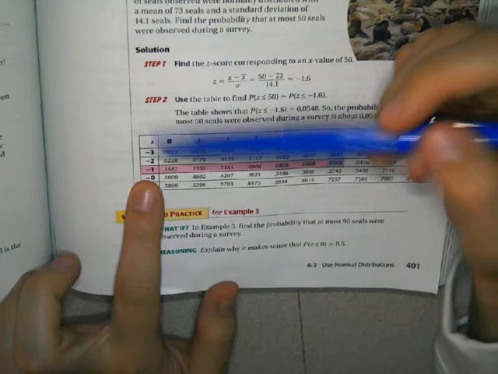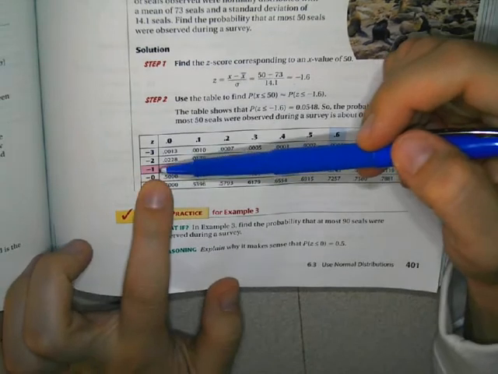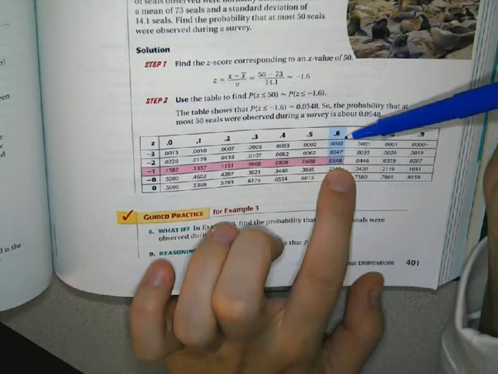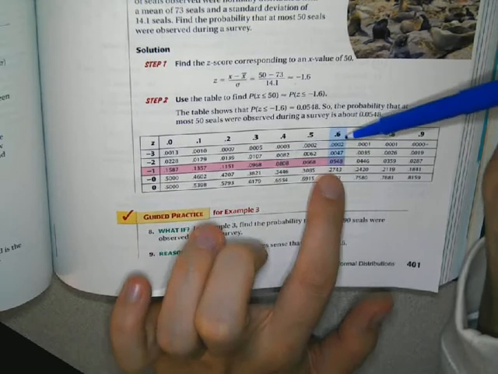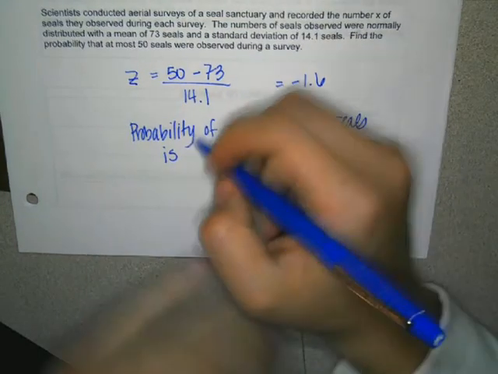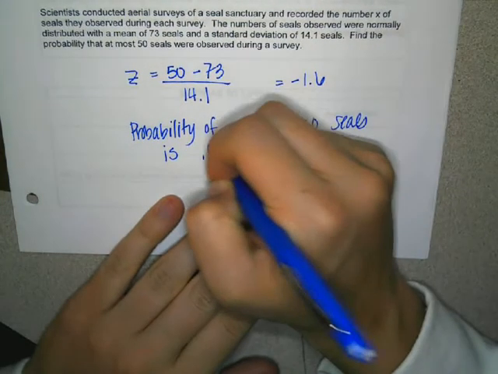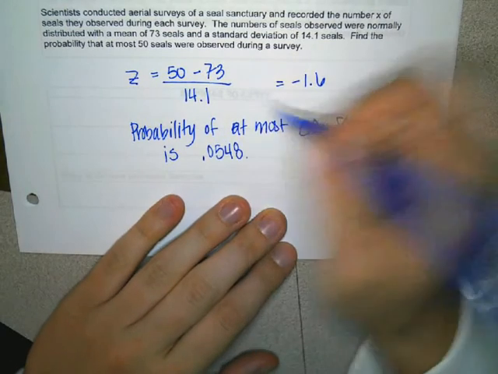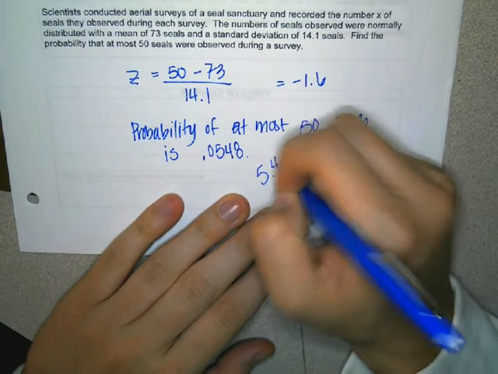You go to where z is -1, follow it all the way over to where you have the 0.6, so -1.6. You get the value 0.0548, and that's your answer. Or you could say 5.48%.